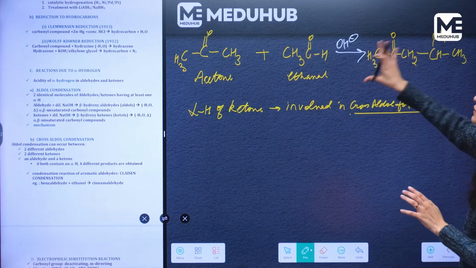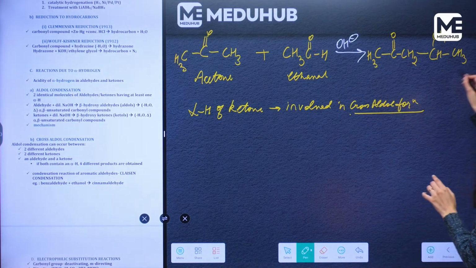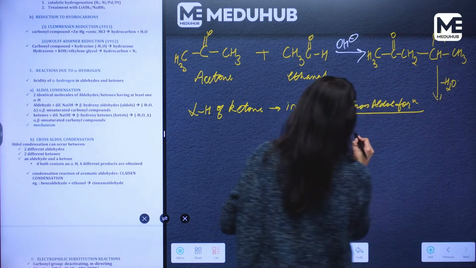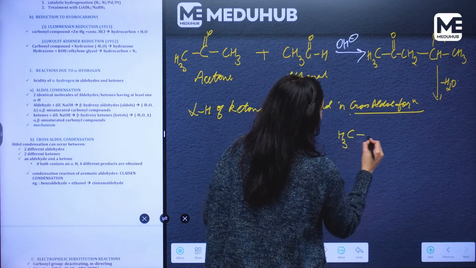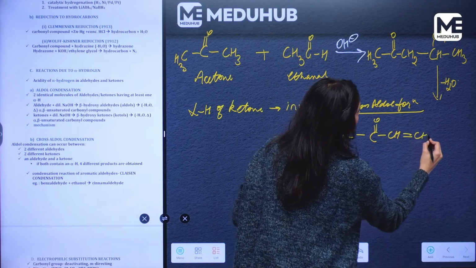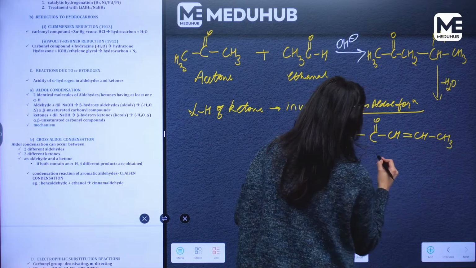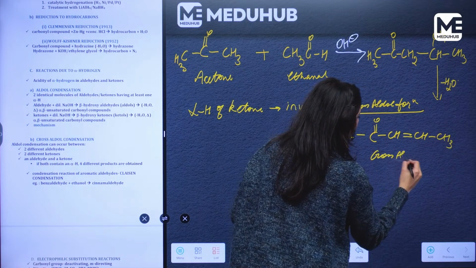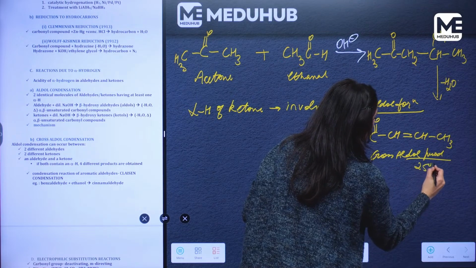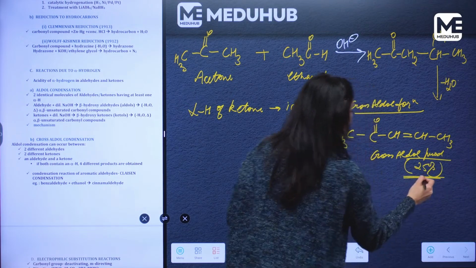The third product which will be formed will be this, which will lose a water molecule to finally give us this product. This will be the cross aldol product. It is formed around 25%.